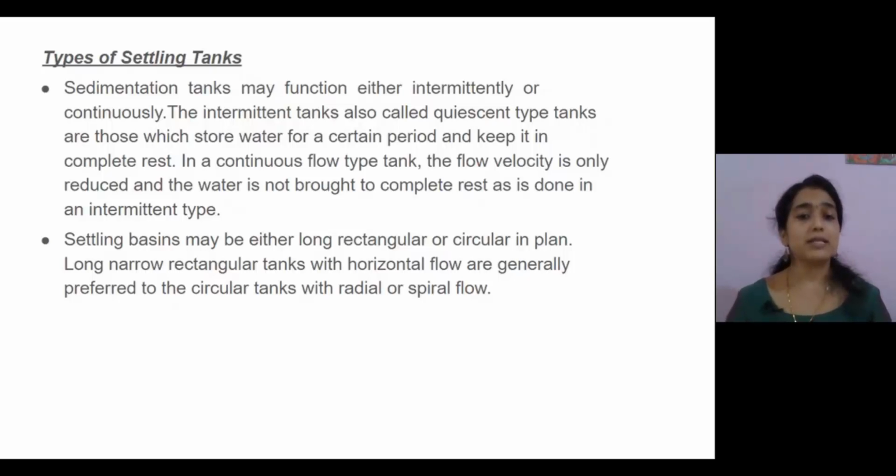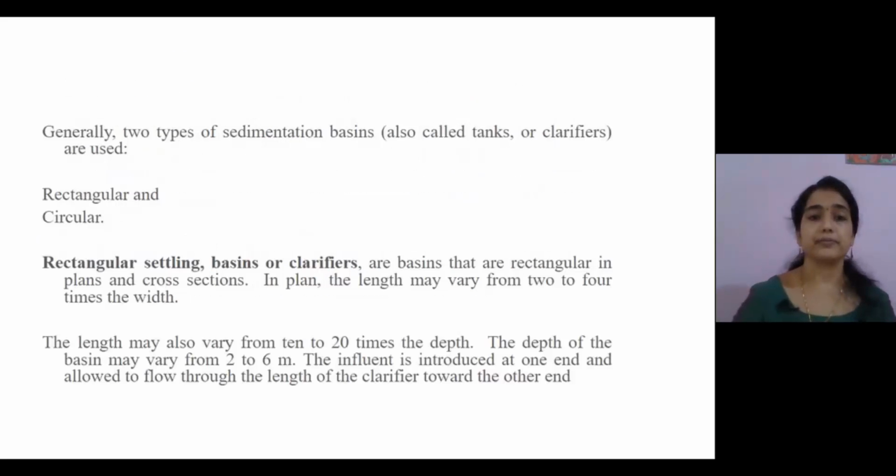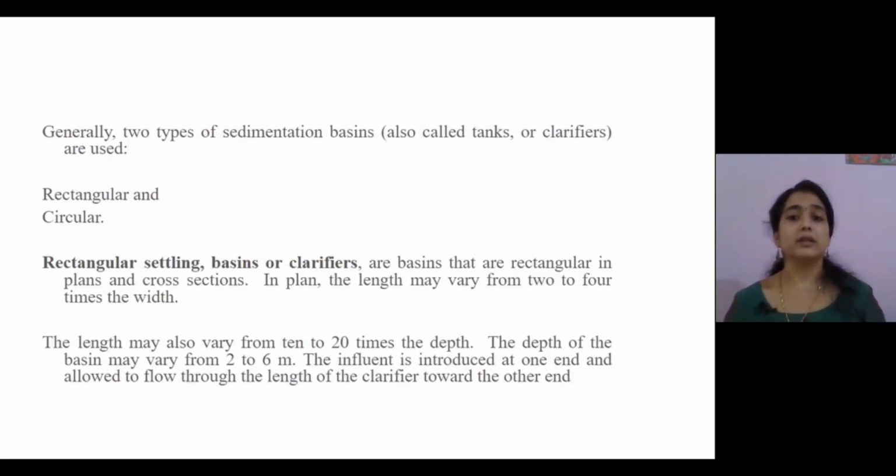Settling basins may be either long rectangular or circular in plan. Long narrow rectangular tanks with a horizontal flow are generally preferred to circular tanks with a radial or spiral flow. Generally, two types of sedimentation basins, called tanks or clarifiers, are used, that is, rectangular or circular.